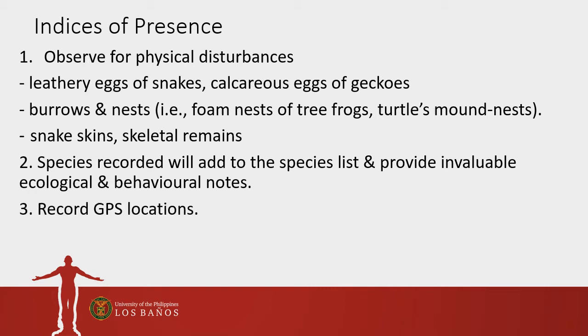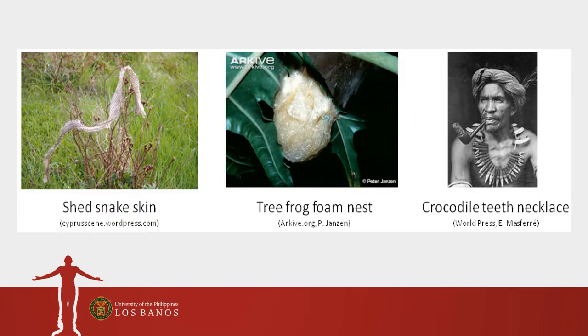Record the GPS locations. These are examples of indices of presence. For example, the shed snakeskin, tree frog foam nest, and crocodile teeth necklace. Of course, the species identification will be difficult.